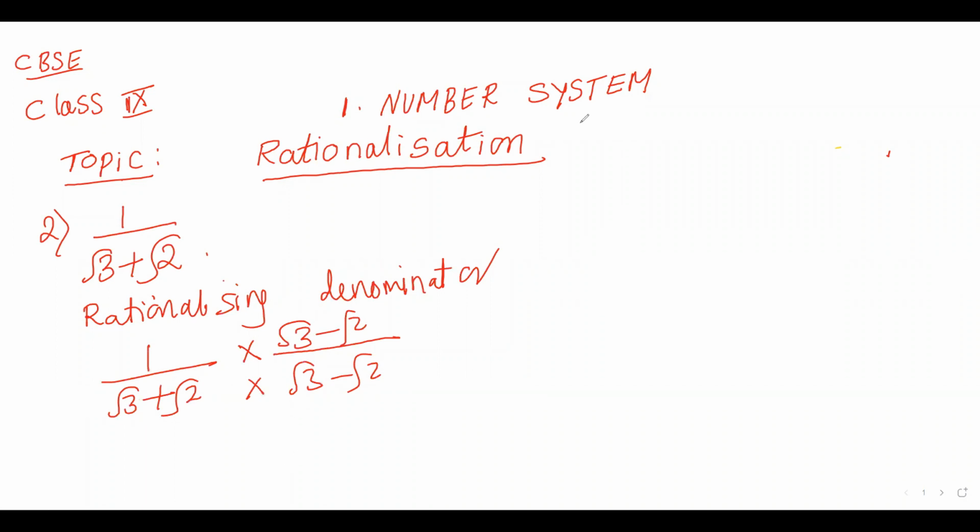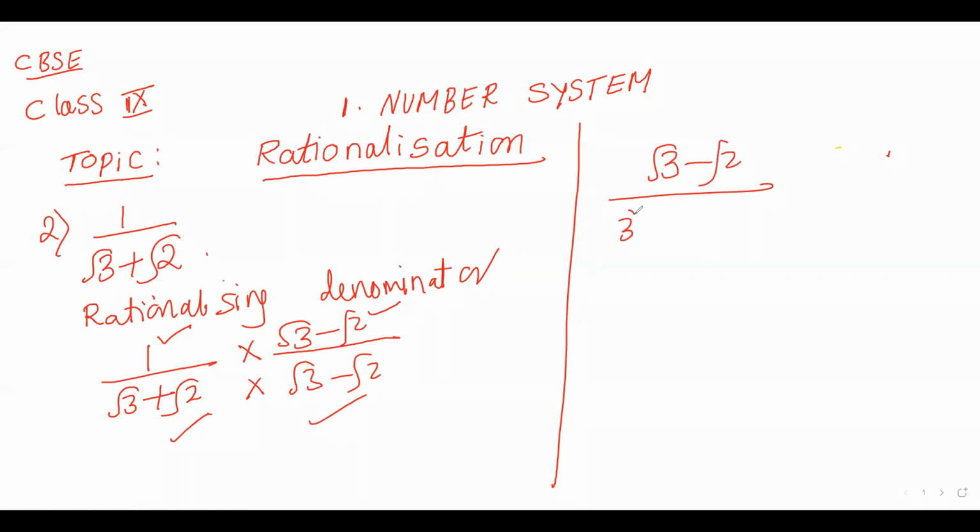Now we can multiply numerator into numerator, that is 1 into root 3 minus root 2 is root 3 minus root 2, denominator into denominator, root 3 plus root 2 into root 3 minus root 2.